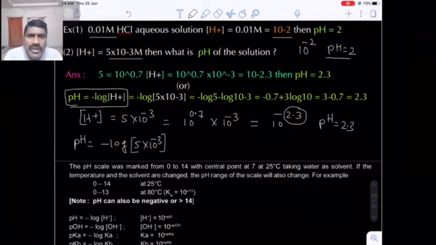Okay. Do you know log of A into B? Log A plus log B. If you apply the logarithm, you will get minus log of 5 into 10 raised to minus 3. Applying the log AB formula, log A plus log B, so minus log 5 minus log 10 raised to minus 3. The log 5 value is very important.